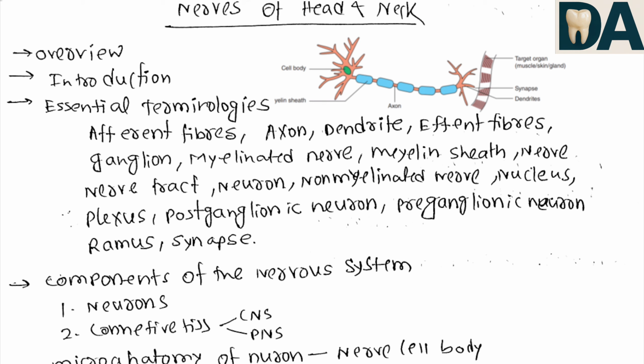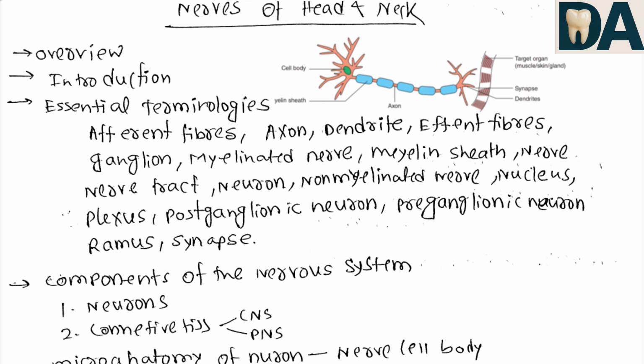Now go to the introduction. The nervous system is a complex and vital part of the human body that performs the following functions. Those are: 1.